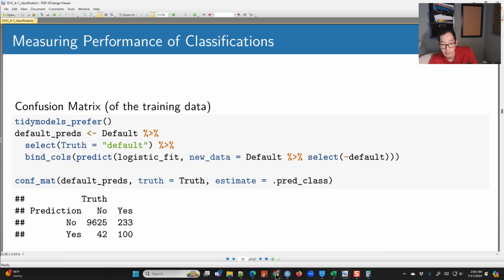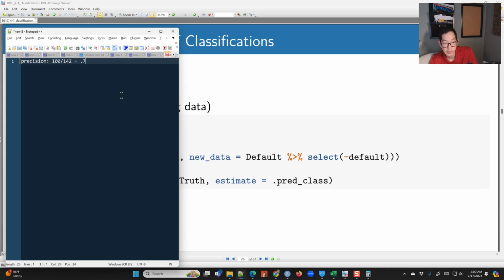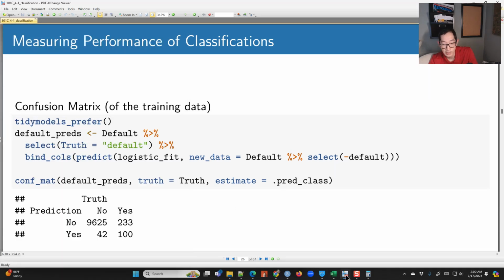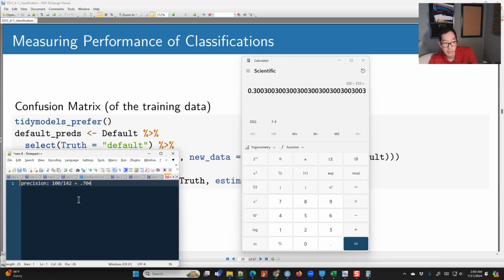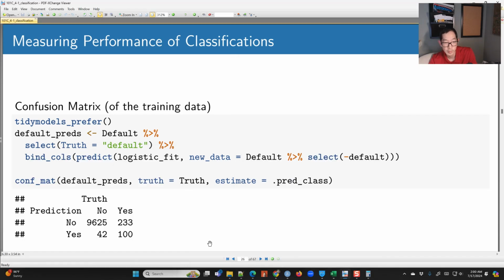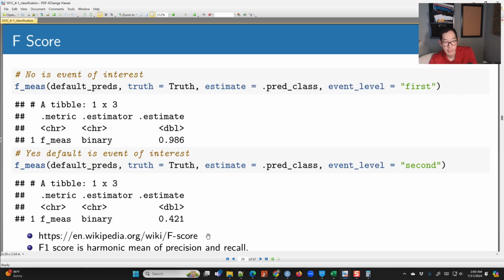And then my recall is 100 divided by 333, so that's 0.300. Okay, and so how do we calculate the harmonic mean?